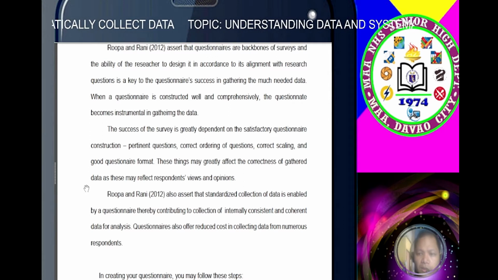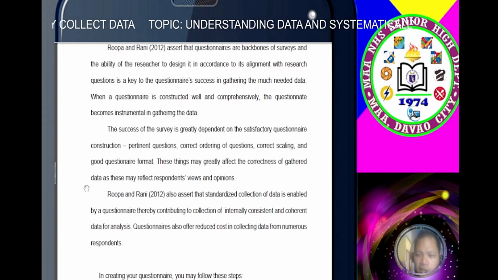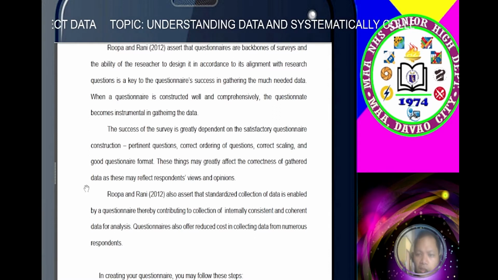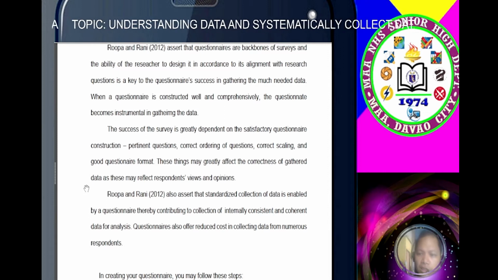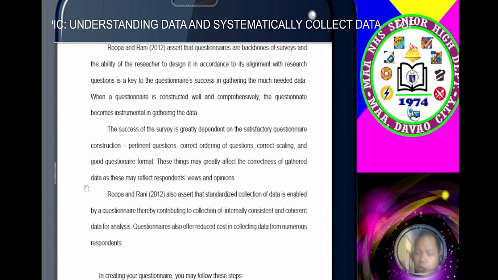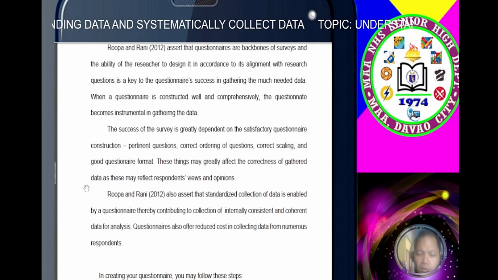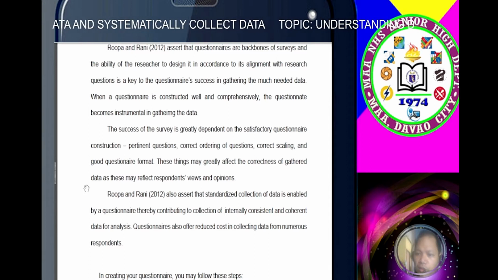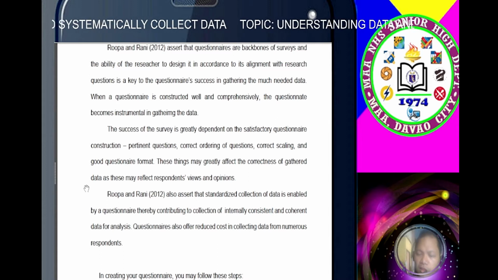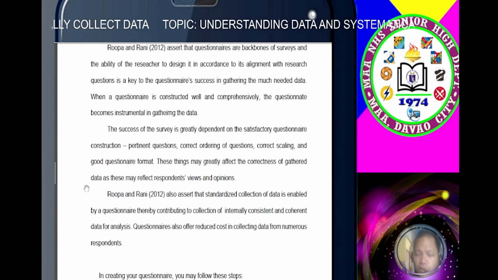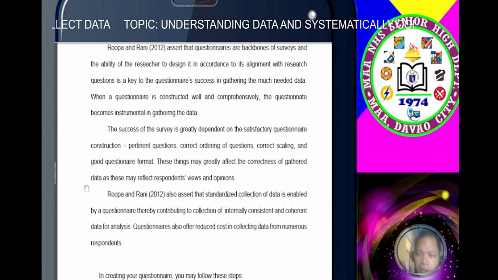So that's why, in our previous discussion, we establish validity and reliability. We need the comments of our experts, validators, to review your questionnaire. They will comment especially on the grammar and the physical appearance. The order of the questions, is it grammatically correct?